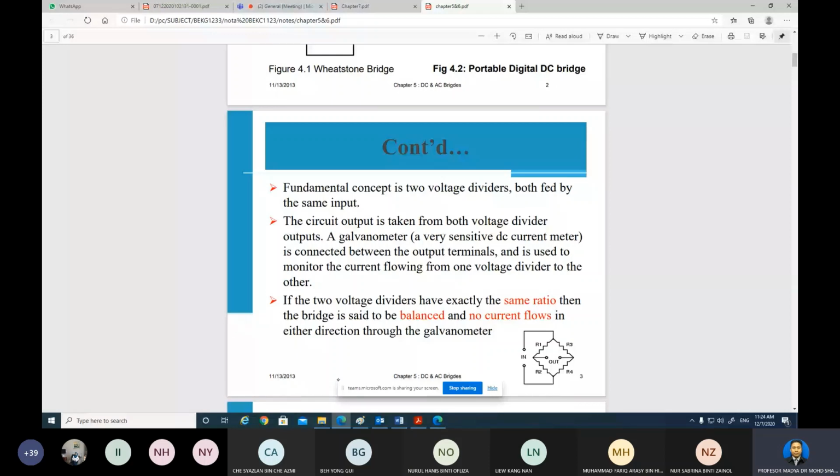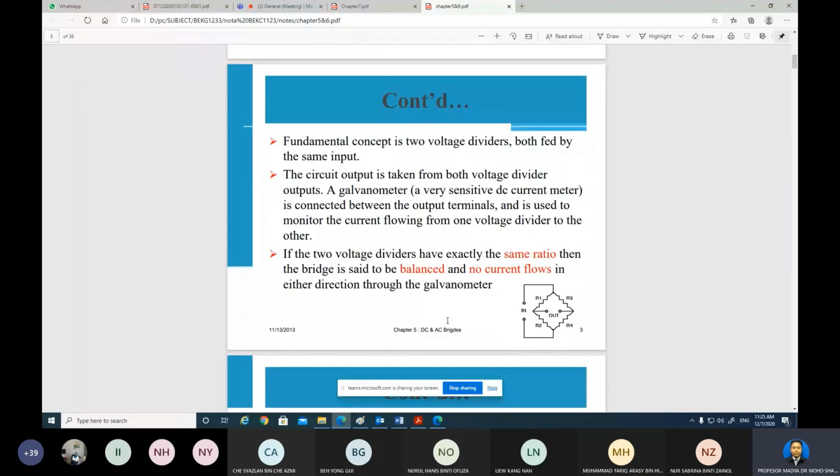But if the circuit is balanced, R1 and R3 are the same, and R2 and R4 are the same, so the galvanometer has no current flow and indicates zero. That is what we call balance.